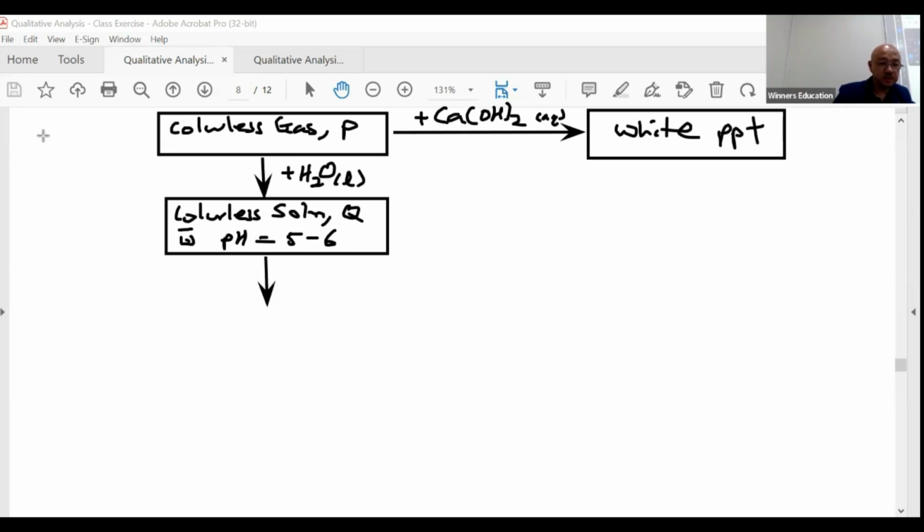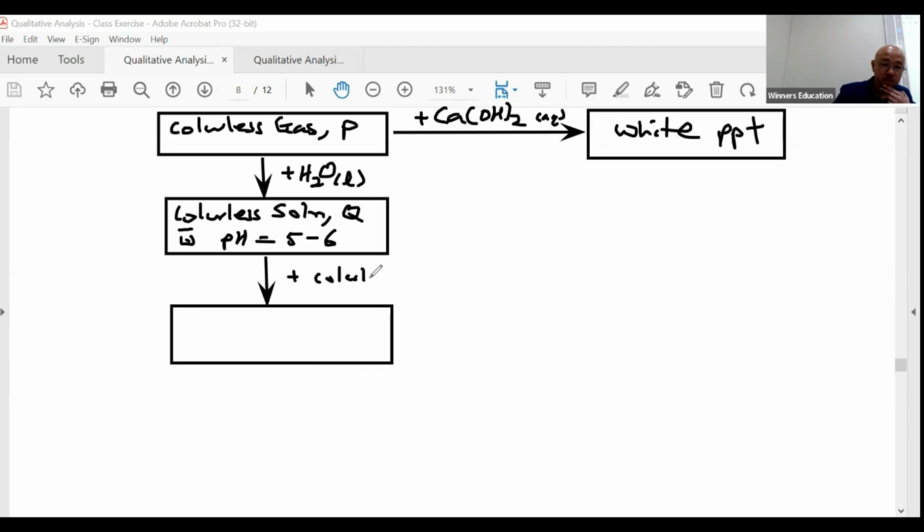And this solution Q, you further add a barium solution. It's called R, apparently.